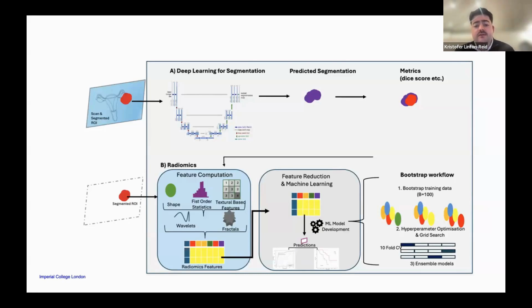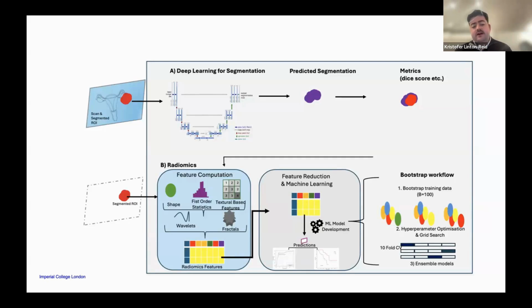And then one of the ways that we actually determine if the model works in terms of annotating these ROIs is through a metric called the DICE score, where essentially you're looking at the overlap between what the model is predicting as the region of interest and the real life annotations by the experts.